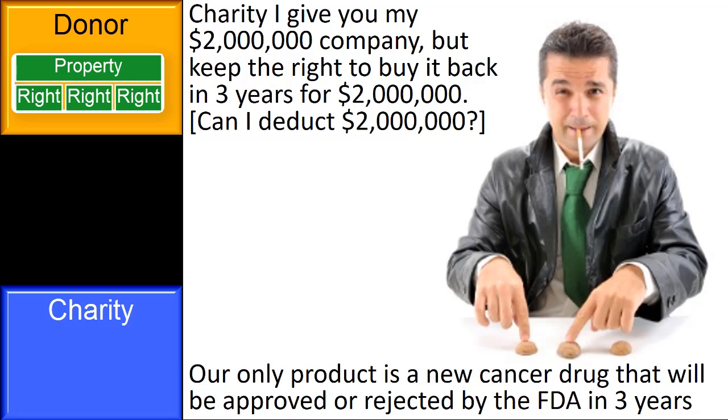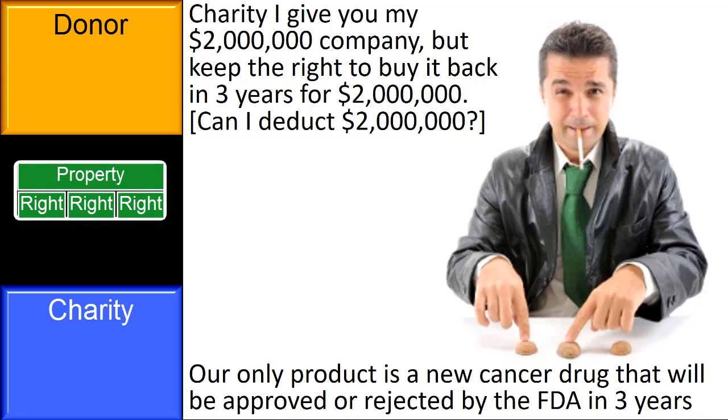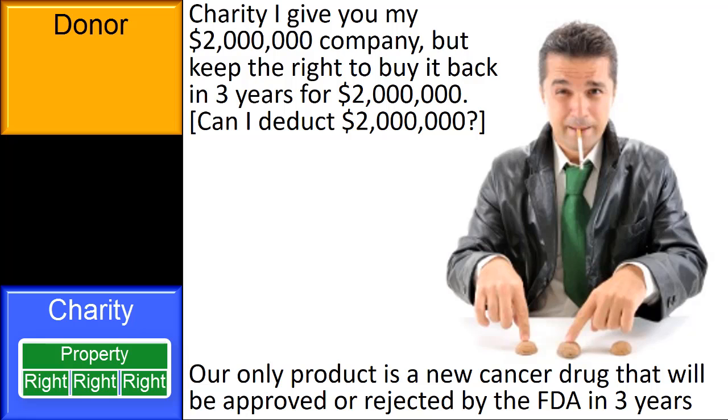As a final example, let's suppose that a donor gave $2 million worth of stock in his corporation to a charity, but retained the right to repurchase the stock for $2 million anytime in the next 3 years. This is a retained partial interest gift because the donor is retaining some rights in the property gifted to the charity.